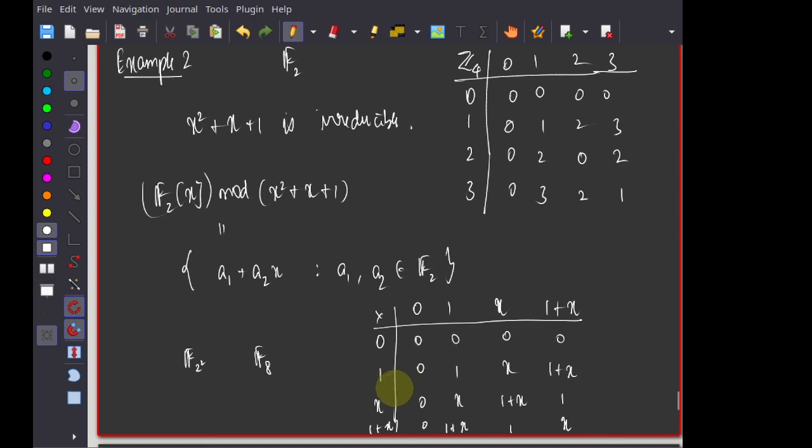But 2 multiplied by 2 should give me 0, whereas if I take any other element and multiply by itself, I cannot get to 0. So there is no isomorphism from Z4 to F4, but there is a bijection from Z4 to F4. Any one-to-one mapping will do.